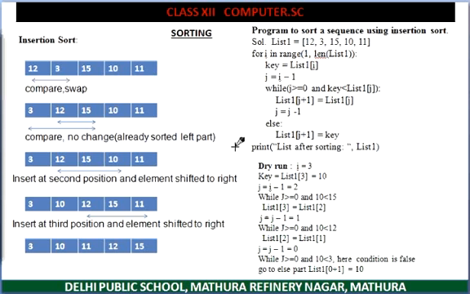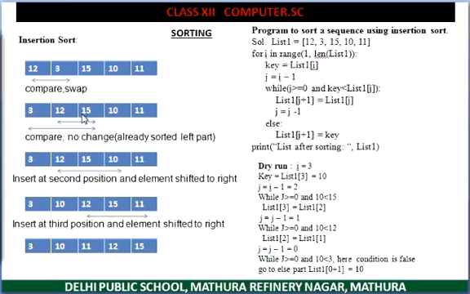Next, insertion sort. In insertion sort we need to insert the element at the appropriate position, so the left part becomes sorted. I repeat, in insertion sort we have to insert the element at the appropriate position, so the left part becomes sorted. So compare 12 and 3, compare and swap, so it becomes 3 and 12, so the left part becomes sorted.